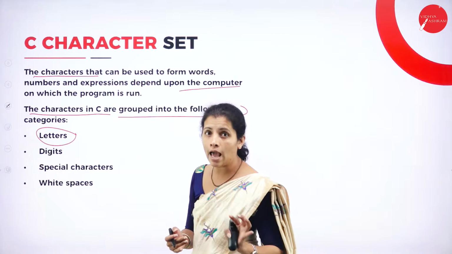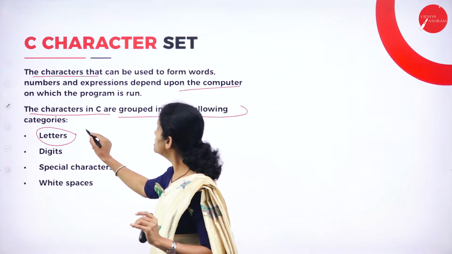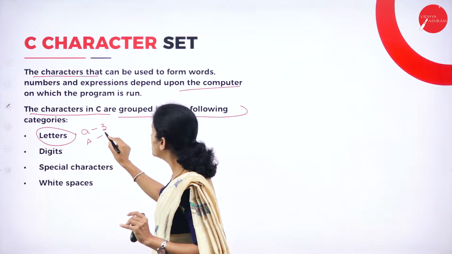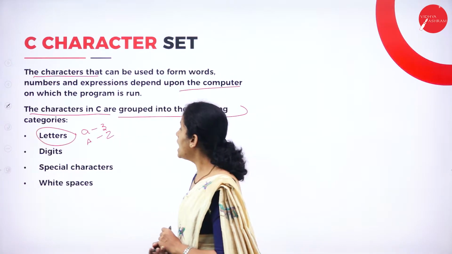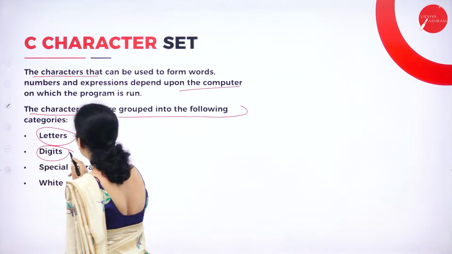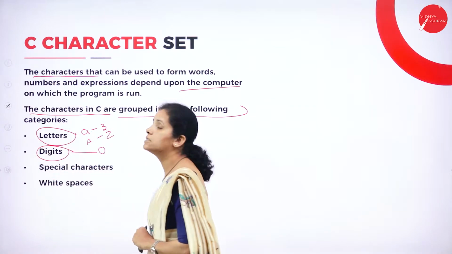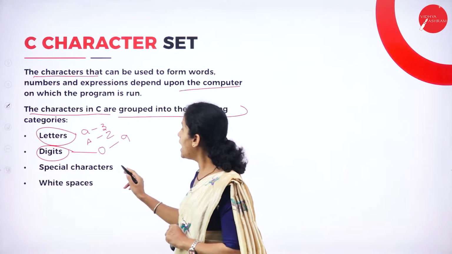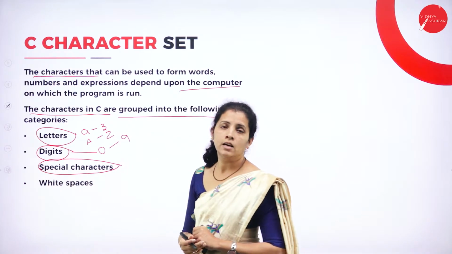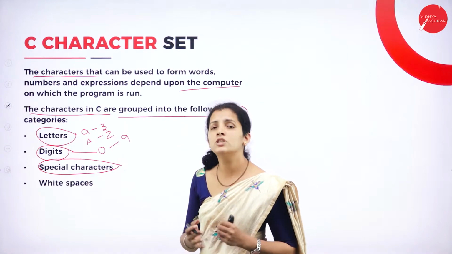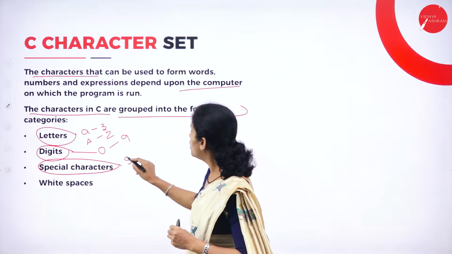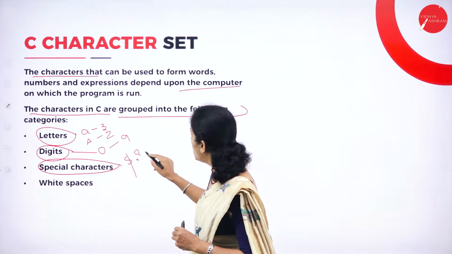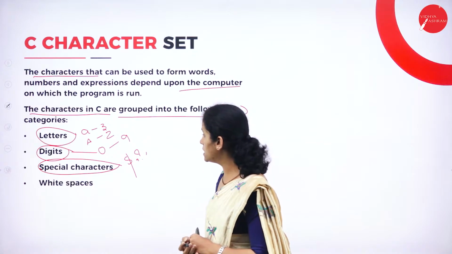That is the English alphabet, and it is small letter a to z and capital letter A to Z. And digit. So what is digit? That is numbers, and it starts from 0 to 9. And special characters, even I can consider special characters like dollar, question mark, or exclamatory symbols, etc.